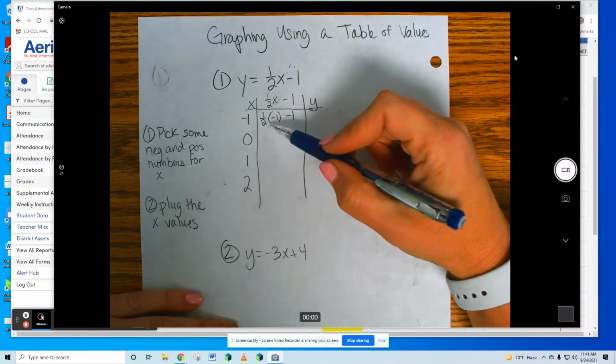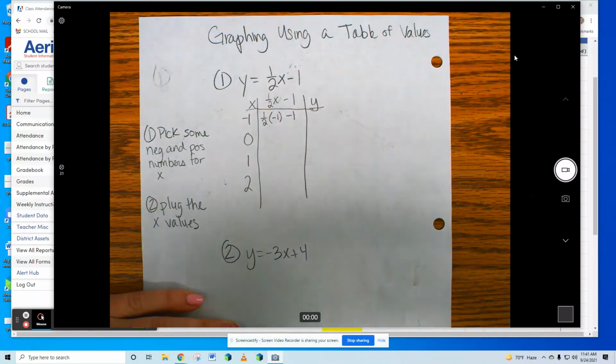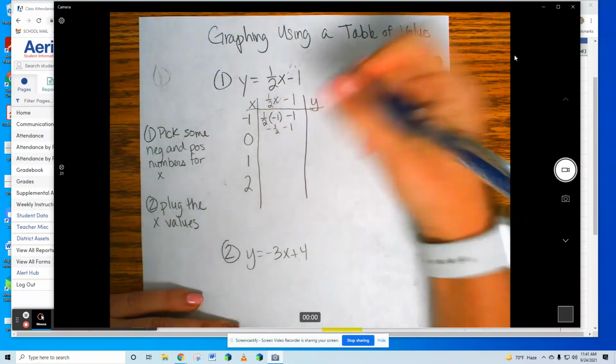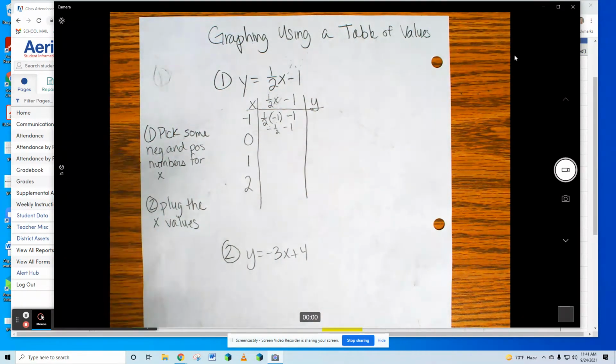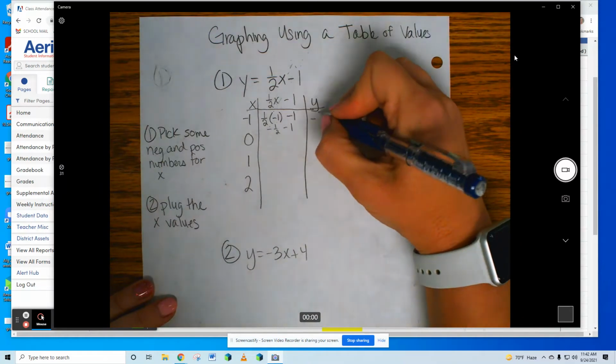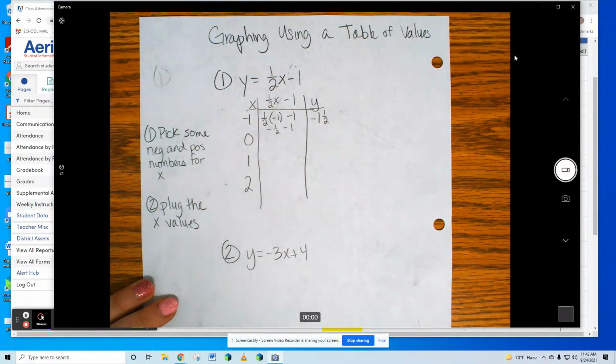What is 1/2 times -1? -1/2. So now I've got -1/2 minus 1, right? I kind of want you to be able to do some of this in your head. What's -1/2 minus 1? -1 and 1/2. Good.